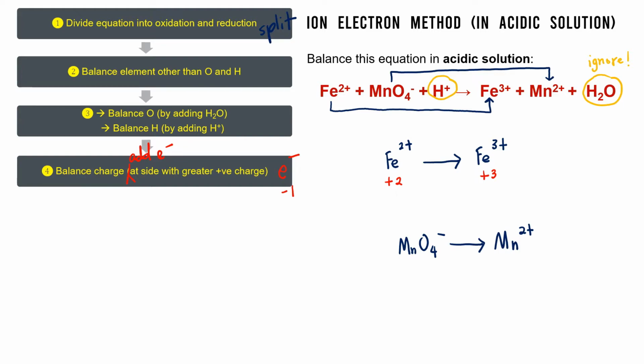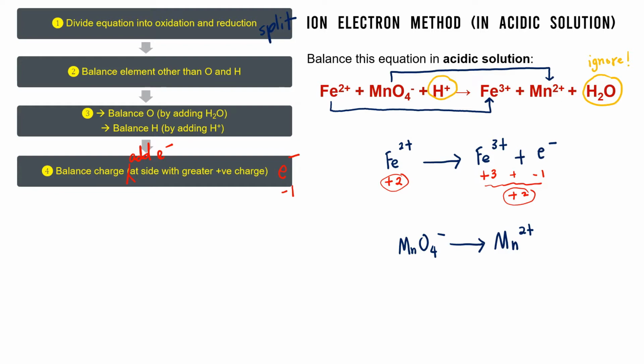So in this case kita akan tambah berapa? We will add 1 electron. So by adding that 1 electron, the charge now will be -1 dekat sini. So +3 tambah dengan -1, so you akan dapat here is +2. So now by having +2 di sebelah kanan and +2 di sebelah kiri, you dah successfully balance these half equations.